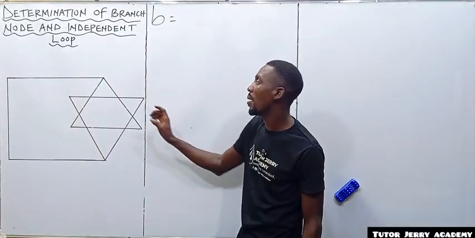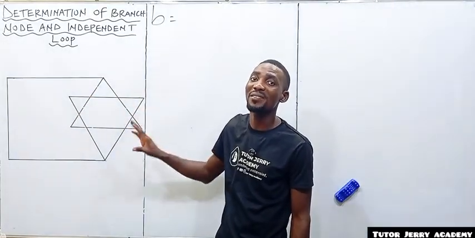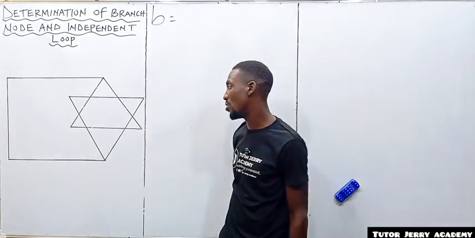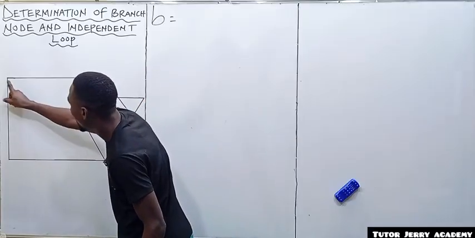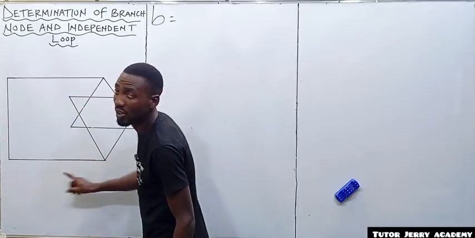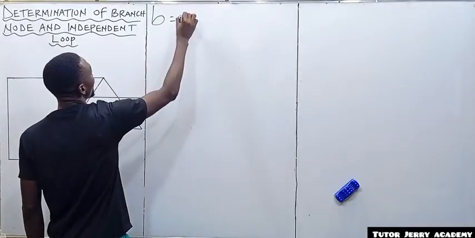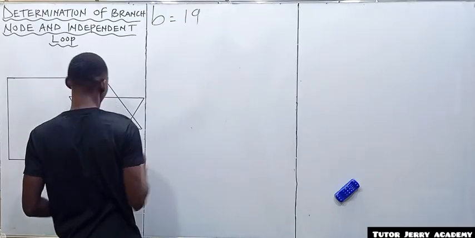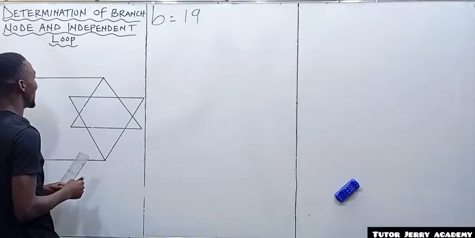If you add this to the 18 branches that we have, we are going to be having 19 branches. This one here is just a single wire. So we are having a total of 19 branches. Take note of that.